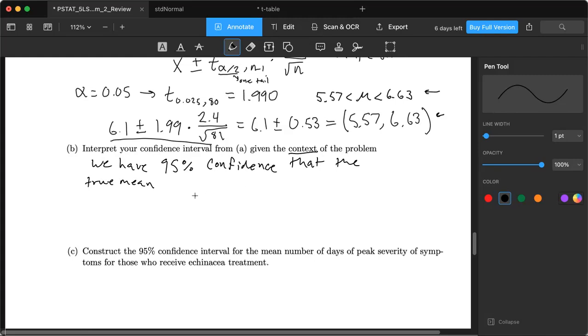We're working with the context of the problem, so we need to say the context. So we are 95% confident that the true mean of days of peak severity symptoms for people not taking echinacea, because they're in the placebo group.